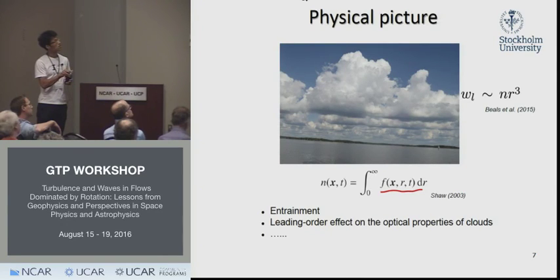If we know the spatial distribution of each cloud droplet, then we can calculate the mean number density of the cloud droplets. The mean number density is also important for understanding entrainment. If you know the spatial and temporal distribution of the cloud droplets, you can also know the optical properties of the clouds.